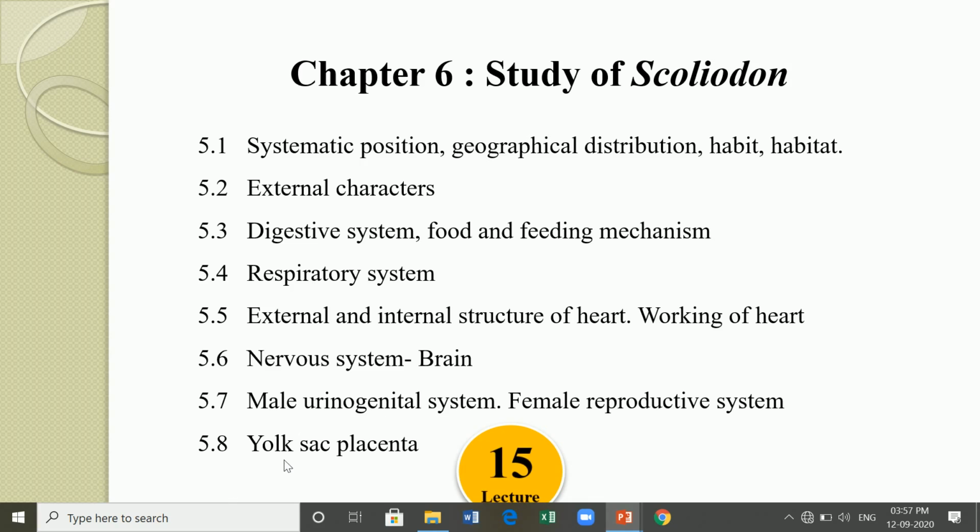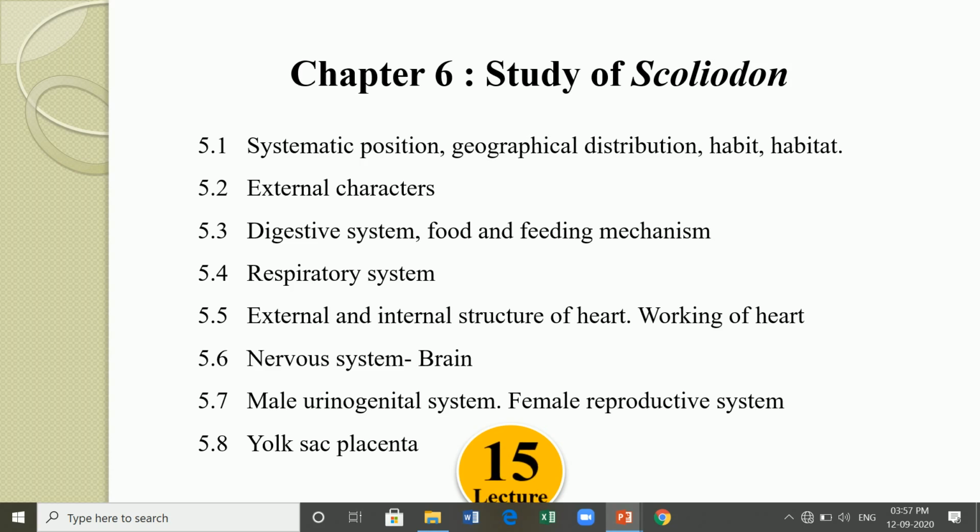And the last point is yolk sac placenta. Now this whole animal type study of Scoliodon has a weightage of a total of 15 lectures, and this is the important chapter from your syllabus. So this is about the syllabus for paper first, that is Animal Diversity Third.